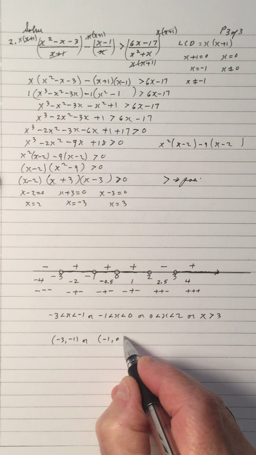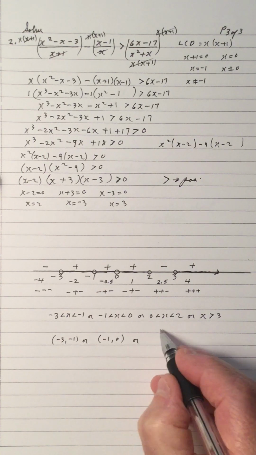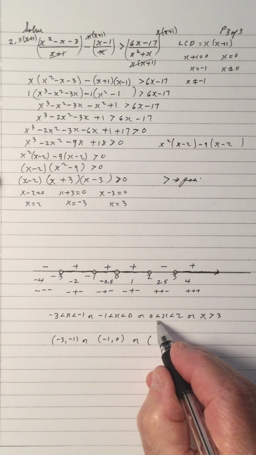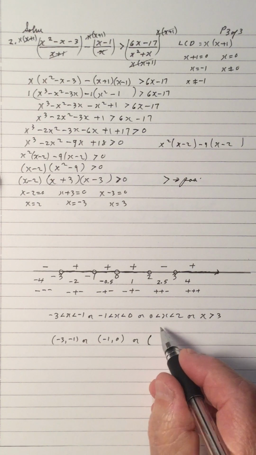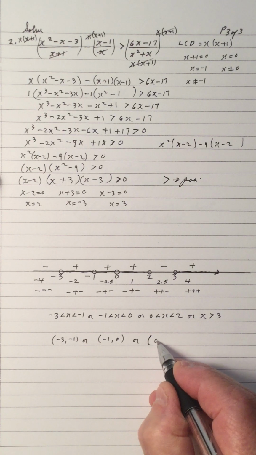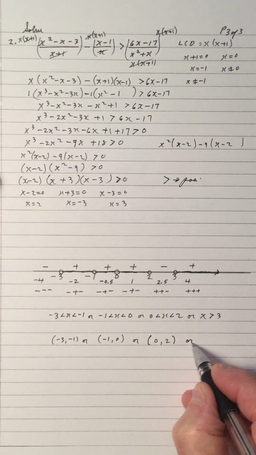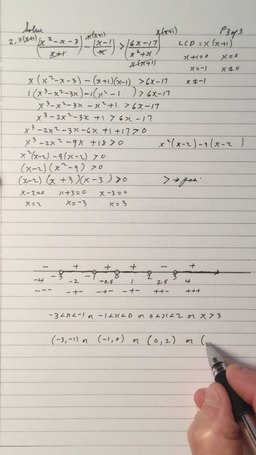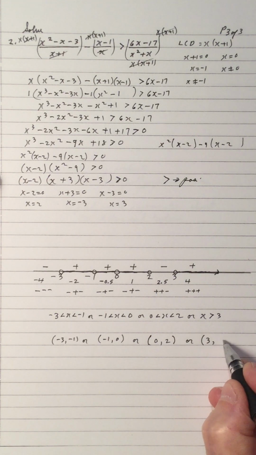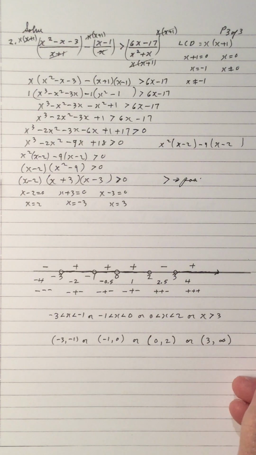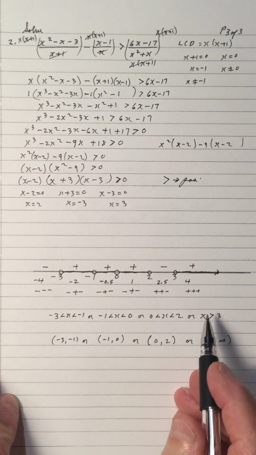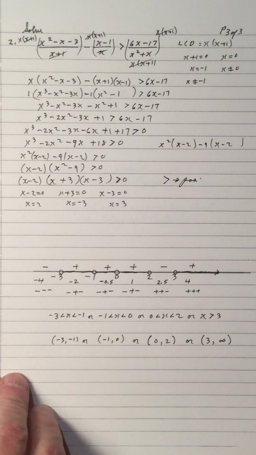Negative 1, comma, 0, open. Notice there's no equal sign, so it's an open bracket, no square brackets here. And it's 0, comma, 2, open. And this is greater than 3, so it's open at 3 and goes to infinity. So these are the solution to this inequality.